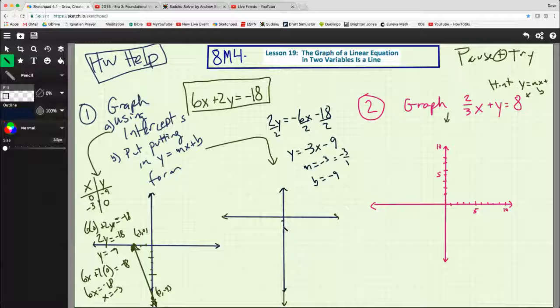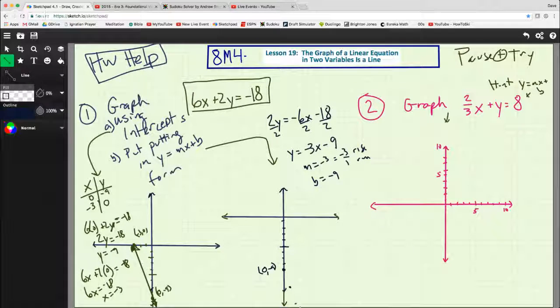So I have to go 1, 2, 3, 4, 5, 6, 7, 8, 9. So here's my 0 comma negative 9. Now my slope, I rise negative 3 and I run 1. So that's 1, 2, 3, 1. 1, 2, 3, 2. And now I can make my line.